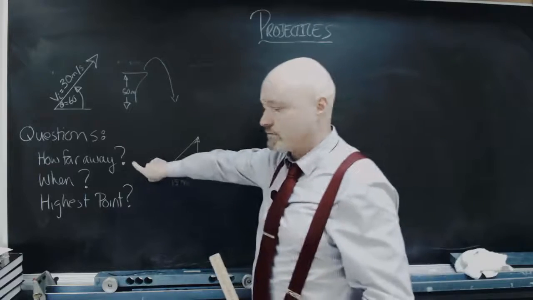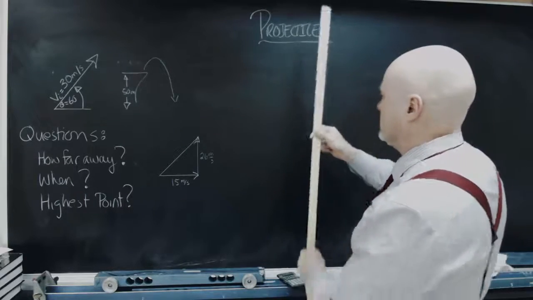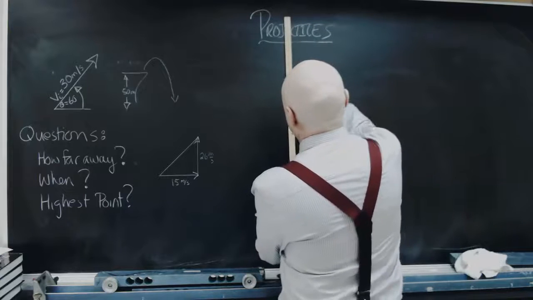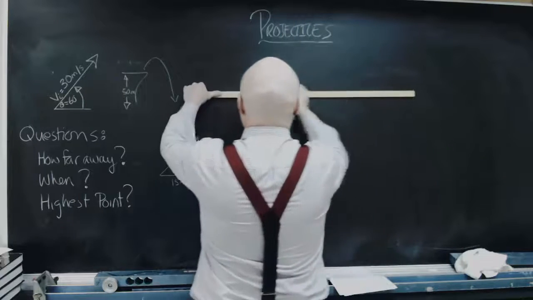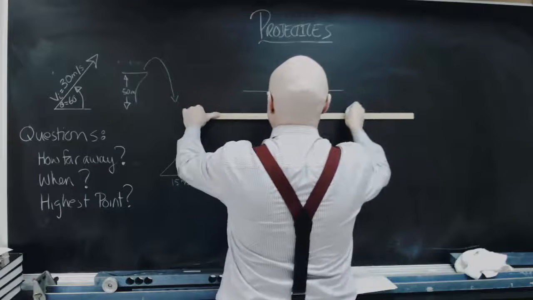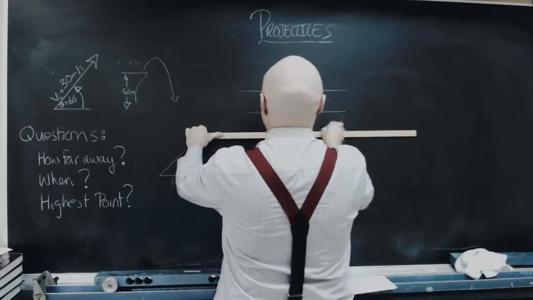And so let's ask the how far away question first of all. What we're going to do is we're going to divide this up into vertical and horizontal components and treat each of those variables separately.